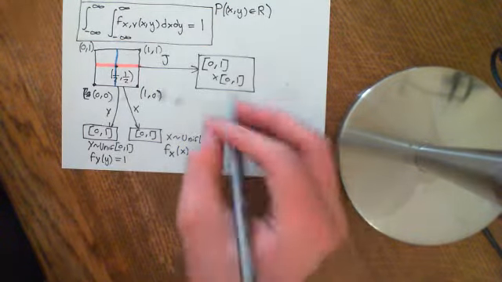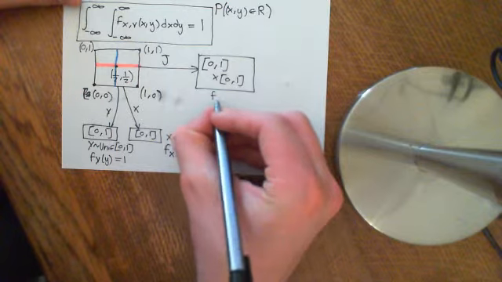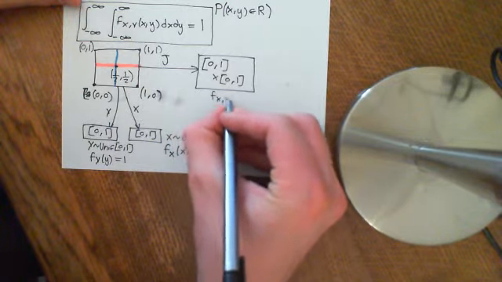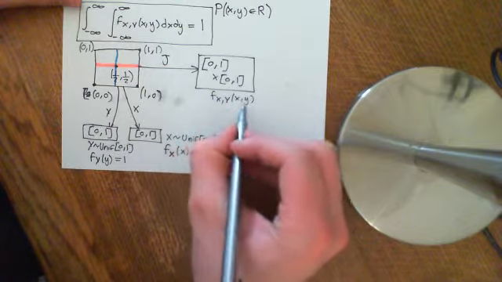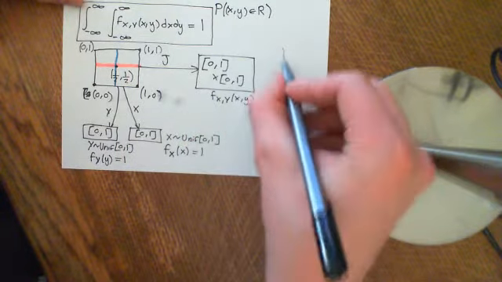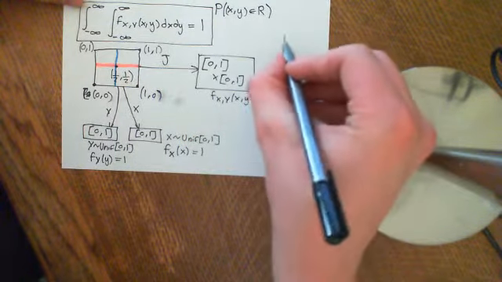So what we want to know is, if we're given the joint PDF as a function of x and y, this is a function on R2 rather than R1.